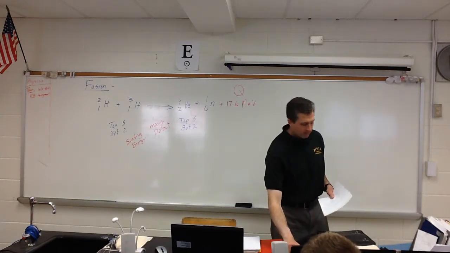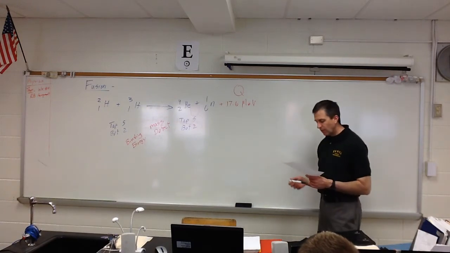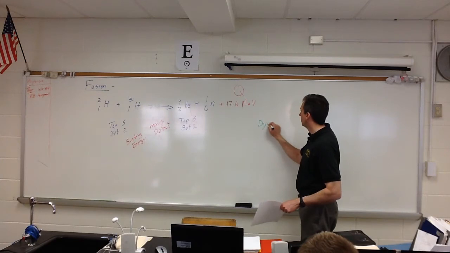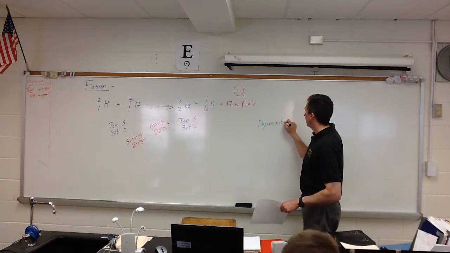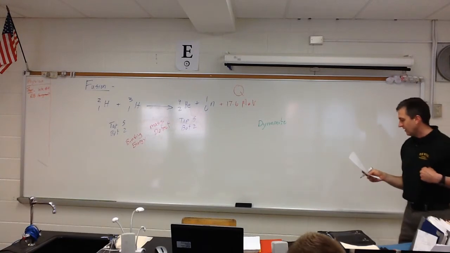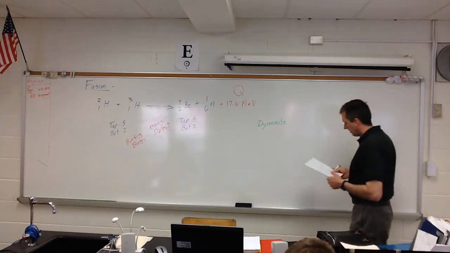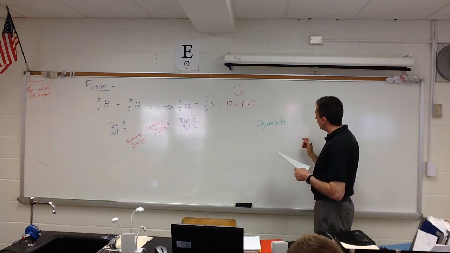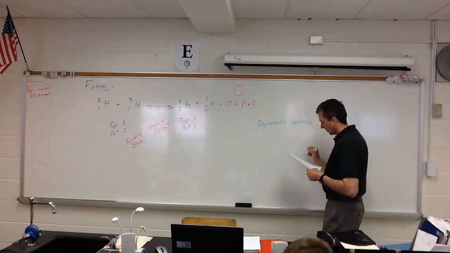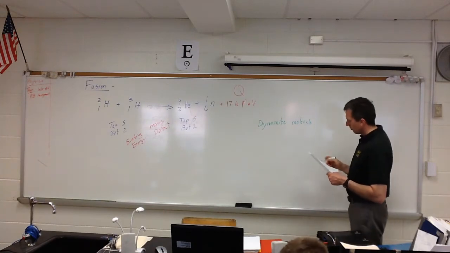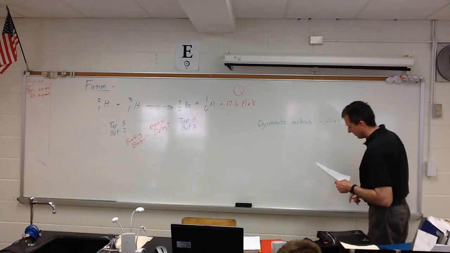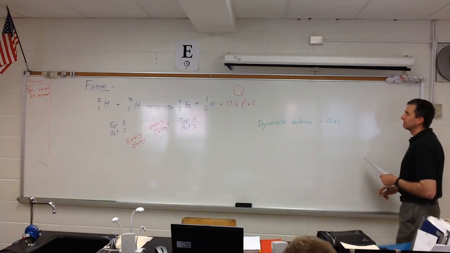Fine. So, you got this set up here, 17.6 mega electron volts. Let's kind of put our minds around what that means. Dynamite. Everyone thinks dynamite's impressive. You can blow stuff up. It's very strong. Well, one dynamite molecule produces 20 electron volts of energy.